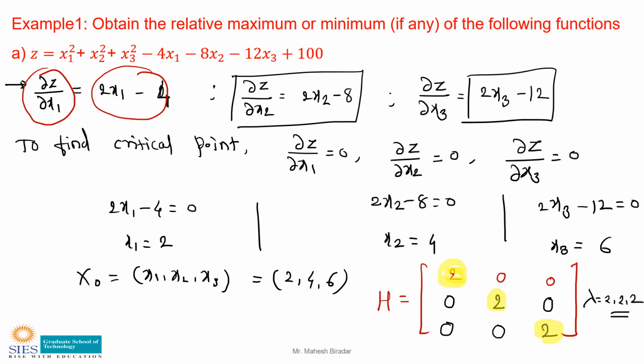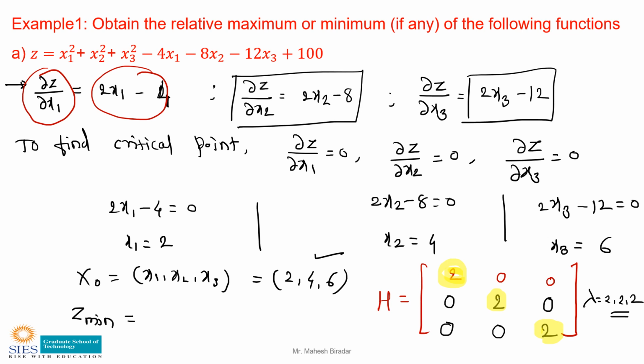All the eigenvalues are positive, so you can say that this Hessian matrix is positive definite. And we know the condition: if the Hessian matrix is positive definite, then we will get Z minima. Okay, so Z is minimum at the stationary point, which is 2, 4, 6.